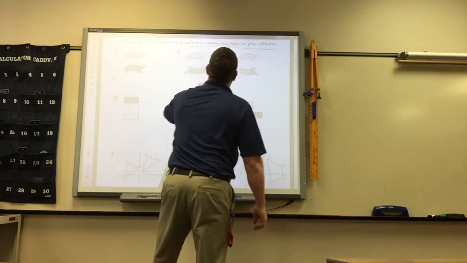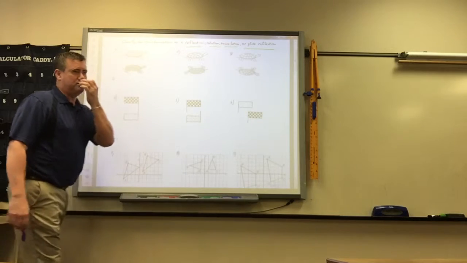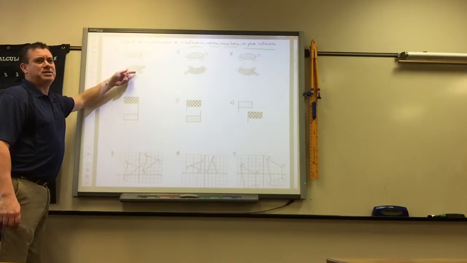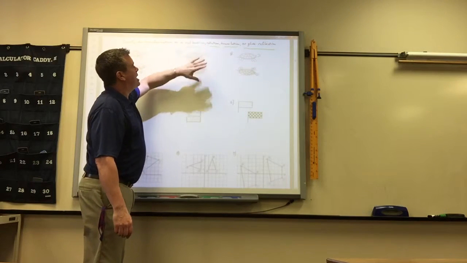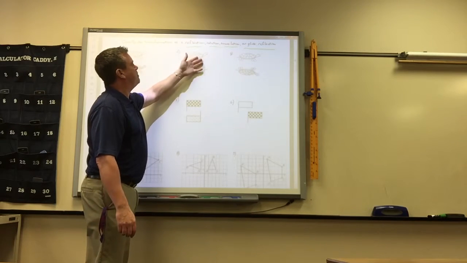We didn't do a lot of those, but it could be a rotation. So here it looks exactly the same, so it's a translation. Here it's not a translation, it's not a reflection because the head would be there, so it's got to be a rotation.